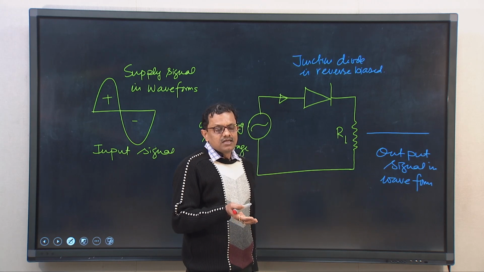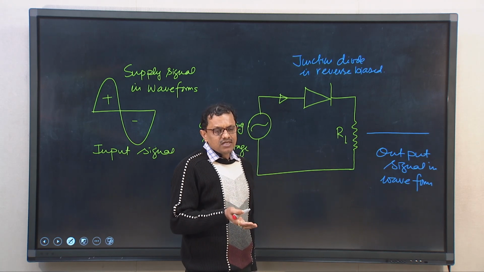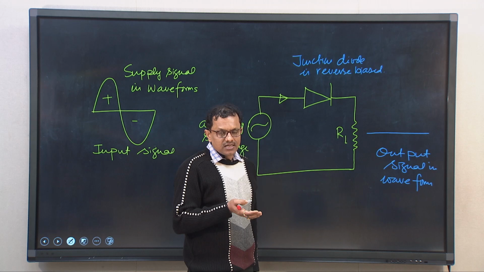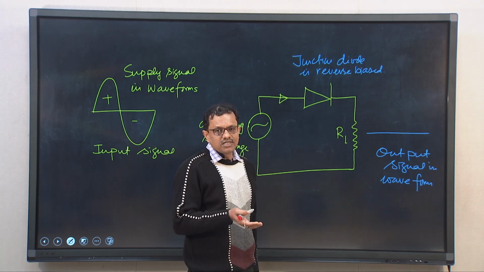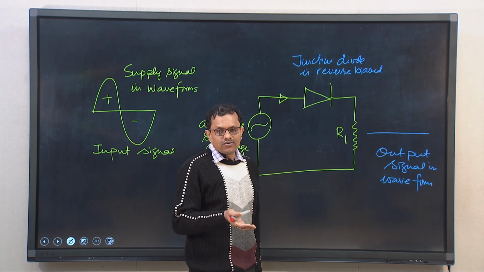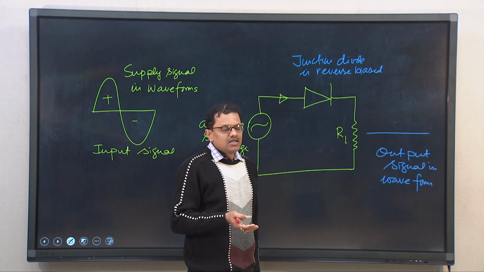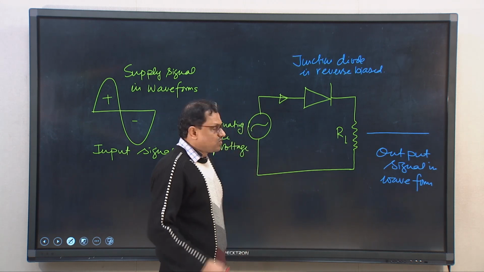If anode is negative and cathode is positive, then there will be no current flow. That is reverse biased, and so resistance will be high.